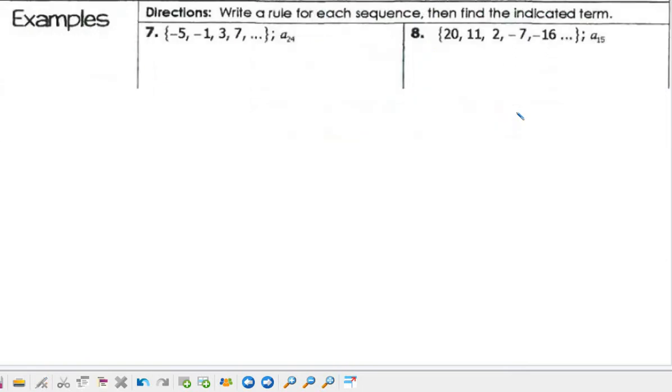Okay, so to write the equation, we just have to gather the information. So we have a sub n is equal to d times n minus 1 plus a sub 1.